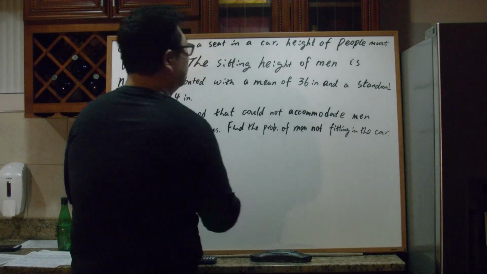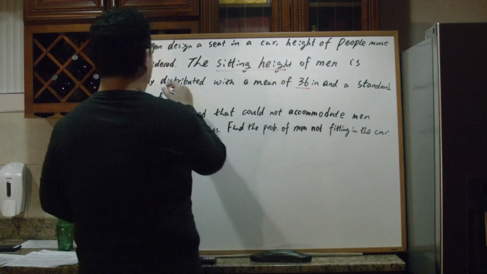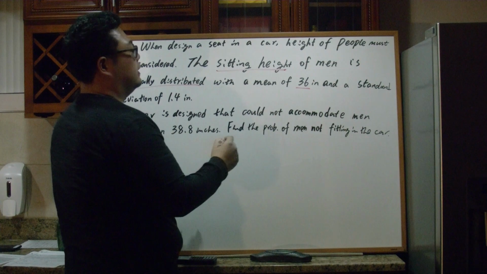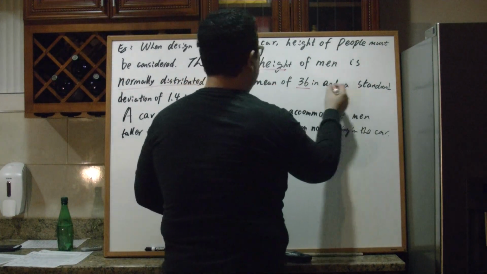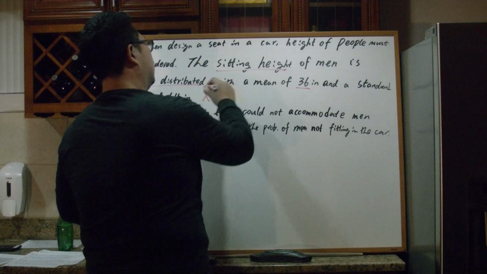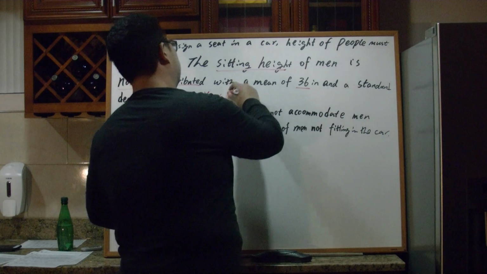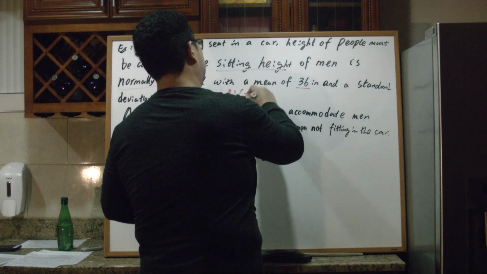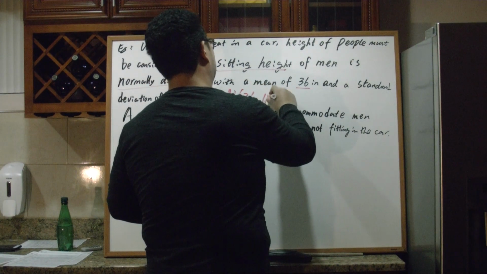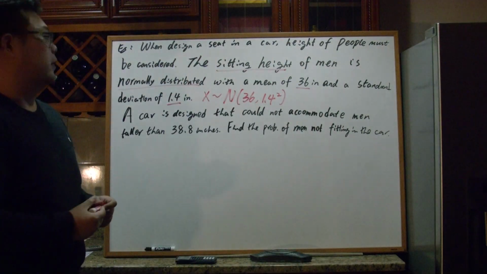Alright, so first of all, the sitting height is normally distributed, with a mean of 36 inches and a standard deviation of 1.4 inches. So the variance will be 1.4 squared.